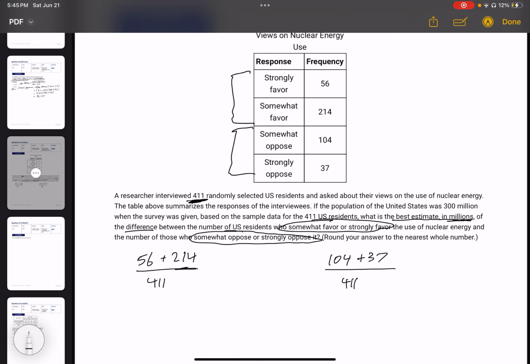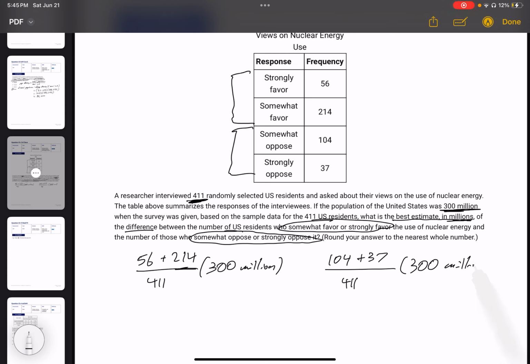So, just remember, in terms of real-world applicability, this is a survey that's trying to mimic the actual frequency that people have on nuclear energy use throughout the whole United States population, which is 300 million. So if this is going to give us a ratio or a fraction, it's asking how much out of that 300 million it would be representing.